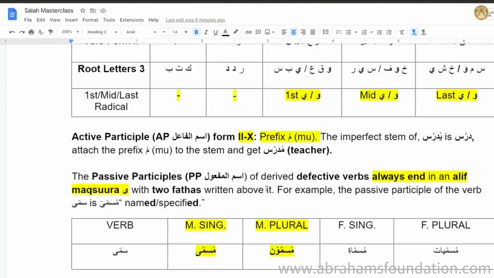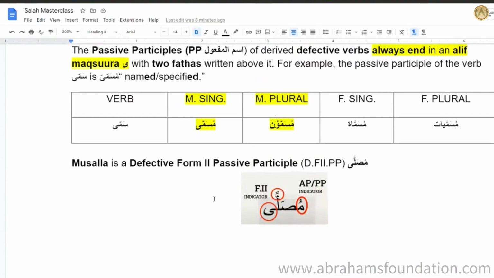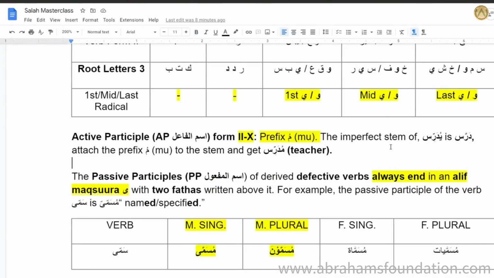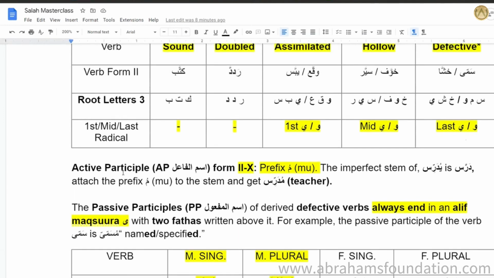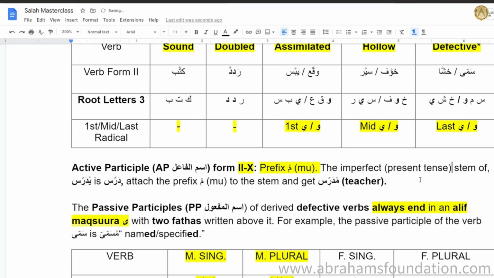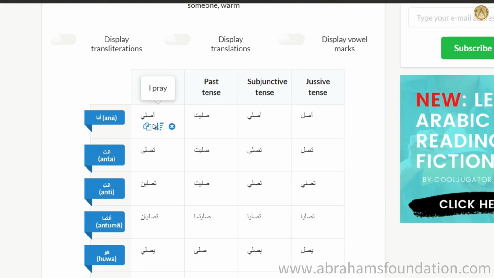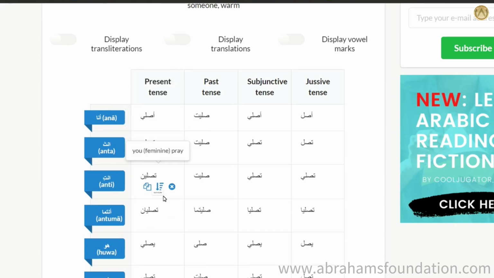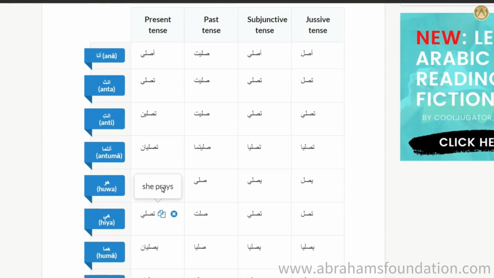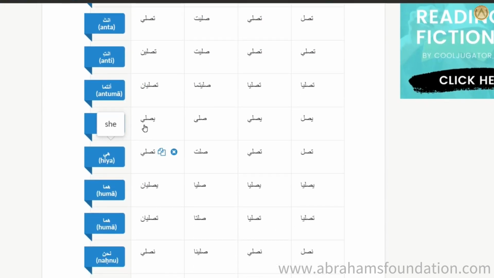So here, the question is, how do we make Musalla into an active participle? The imperfect in Arabic means present tense. So you go here: asli, tusalli, tusallin, tusalliyan, and yusalli.